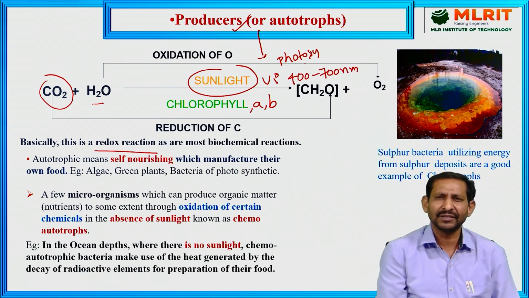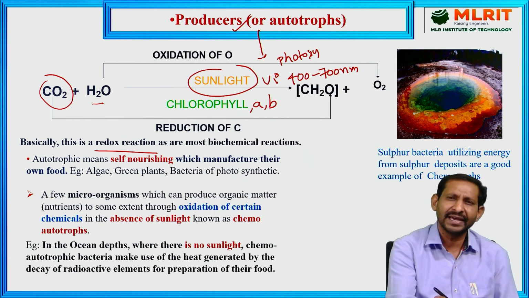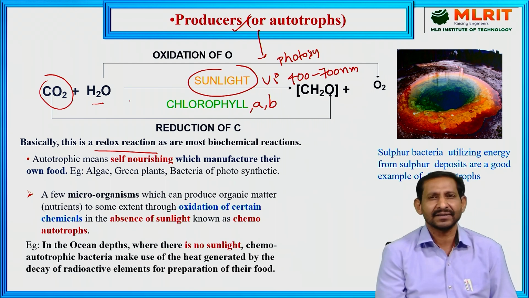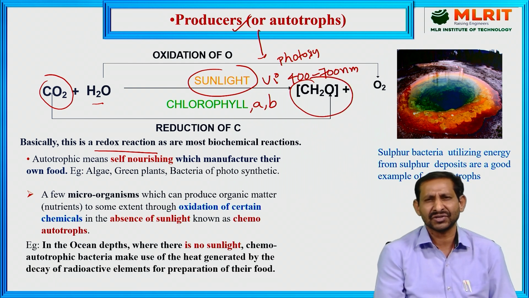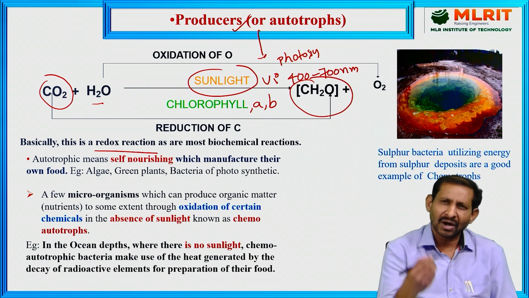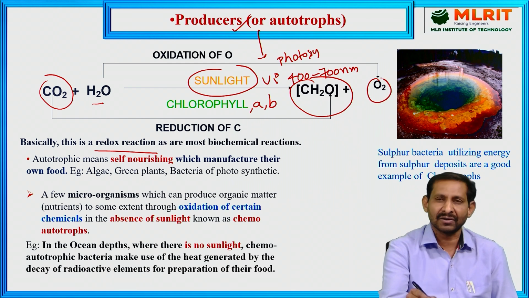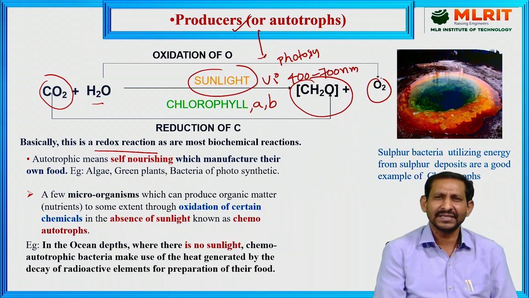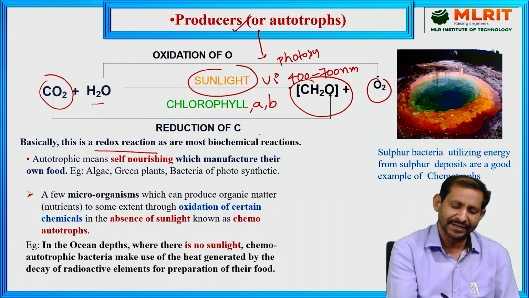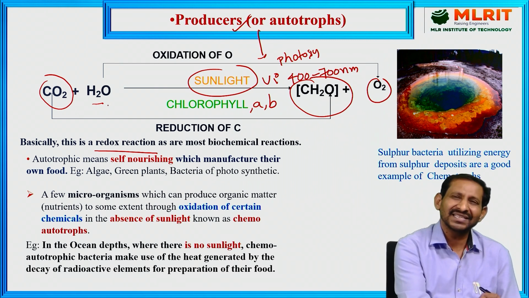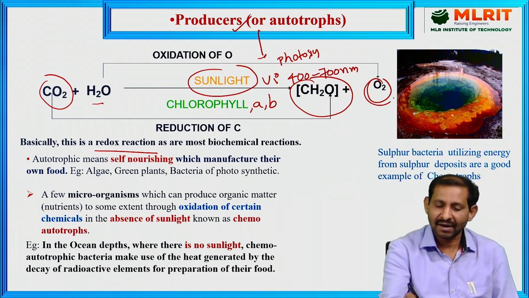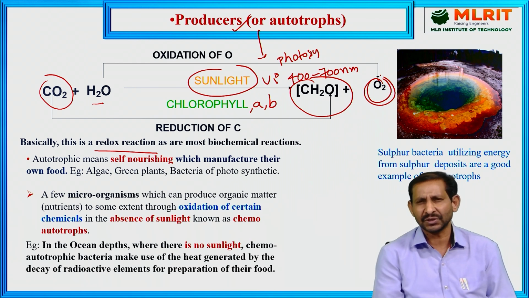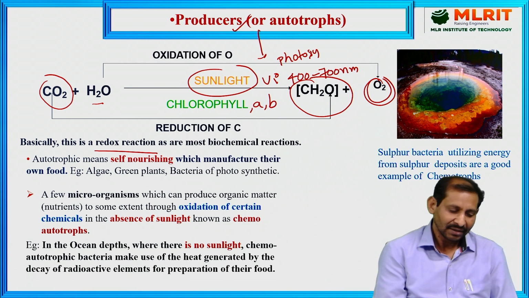Only this visible wavelength is absorbed by chlorophyll A or B, and then the photosynthesis reaction happens and organic matter is produced, like starch, cellulose, or carbohydrates, releasing oxygen. In this reaction carbon dioxide is reduced and water splits, oxidation happens, and oxygen is released. That's why photosynthesis is a redox reaction.